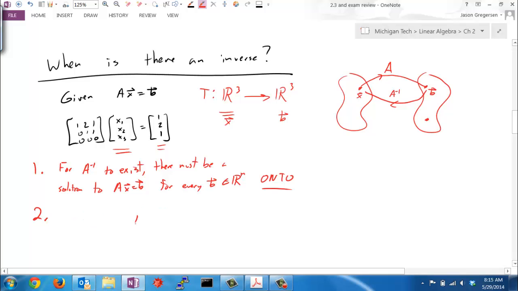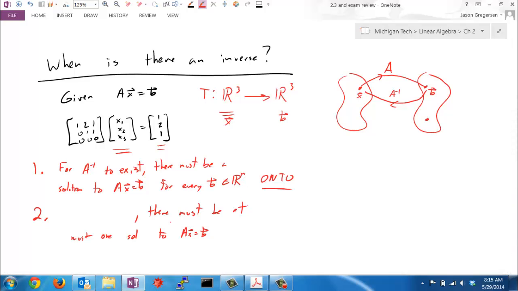We also need there must be at most one solution to Ax equals b. That A inverse operation should bring us back to the place we started from. It shouldn't be confusing. It shouldn't potentially map us back to two different x's. So what property is that?